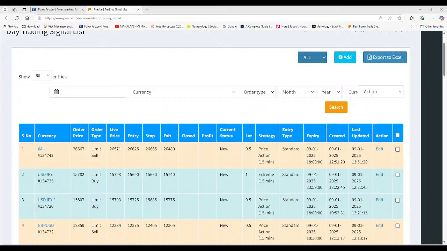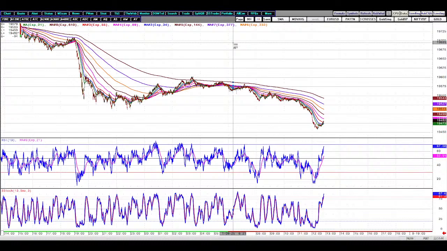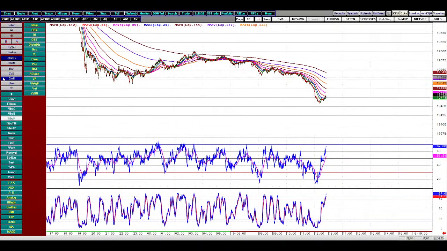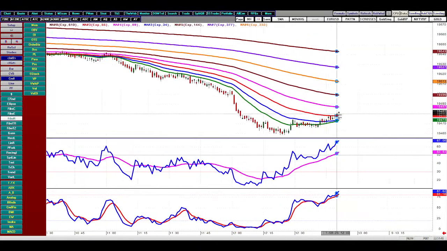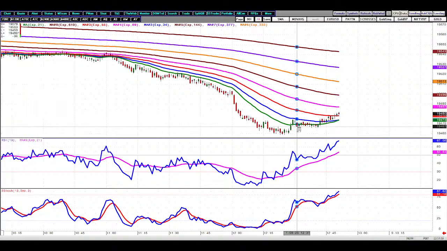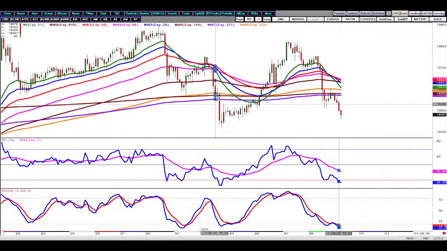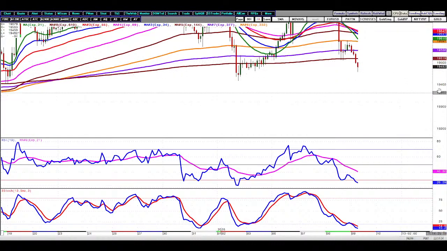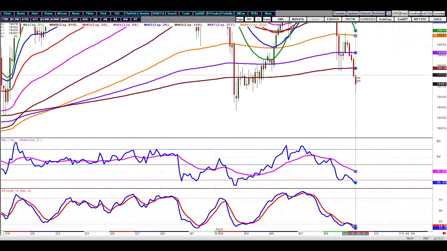Okay, now let's see the pound yen, then after that we will see. Okay, now the market is moving up. So right now this 2 hours is still pointing down, and there is another 1 hour 10 minutes left.